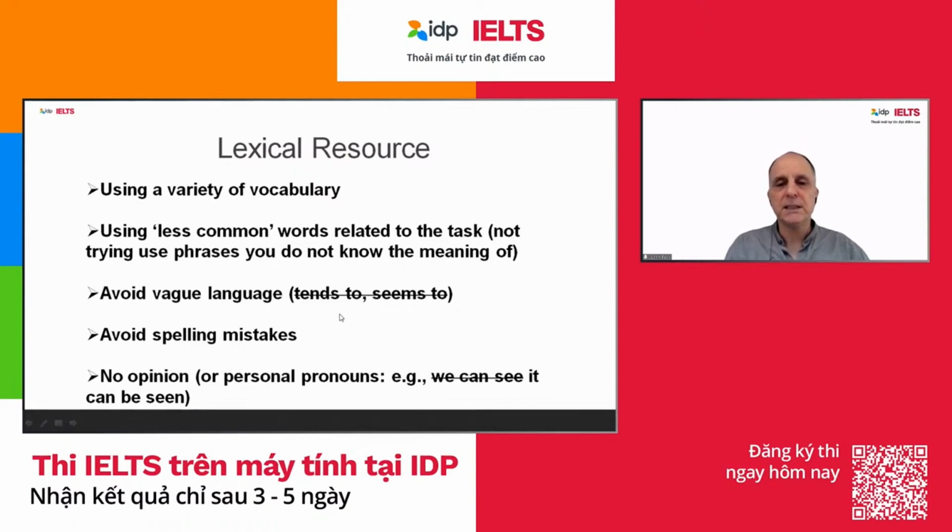I see a lot of this in writing, apparently, as well. So stay away from those. Obviously, avoid spelling mistakes and stay away from opinions. It's okay if you mention we can see, but it can be seen. So try to stay away from any kind of personal pronouns.